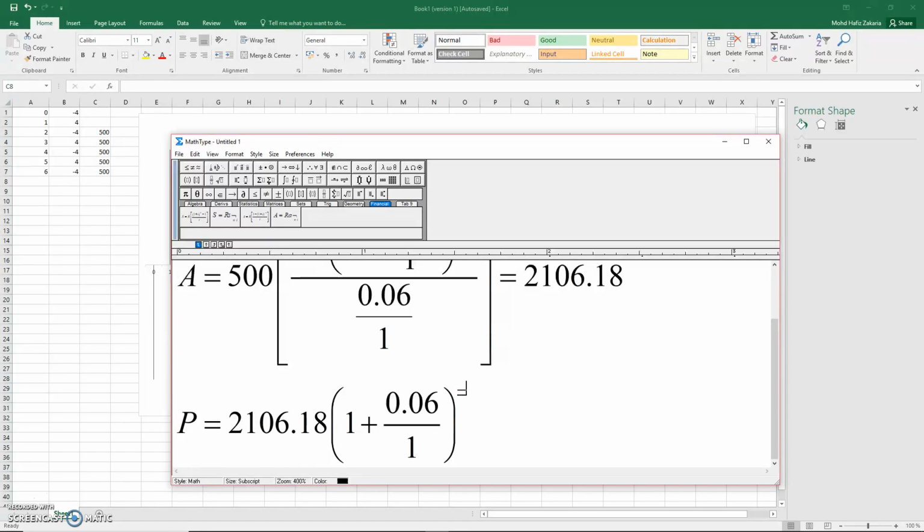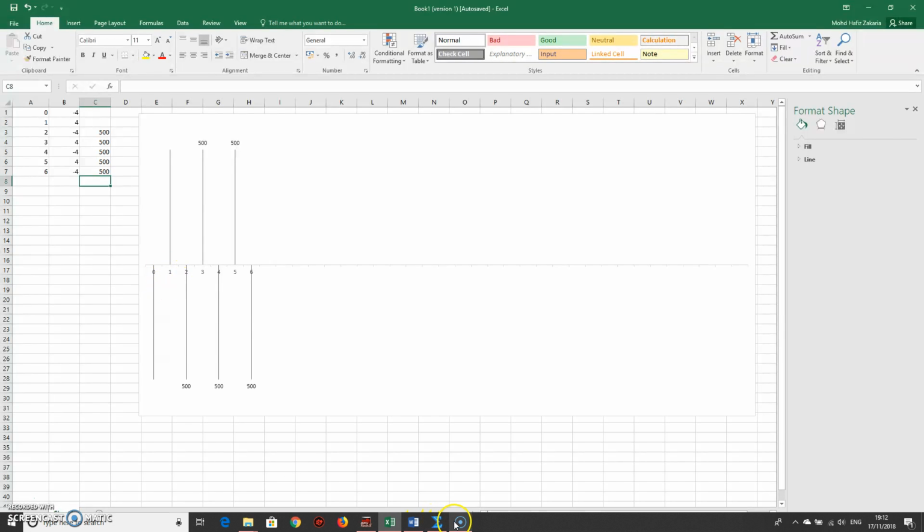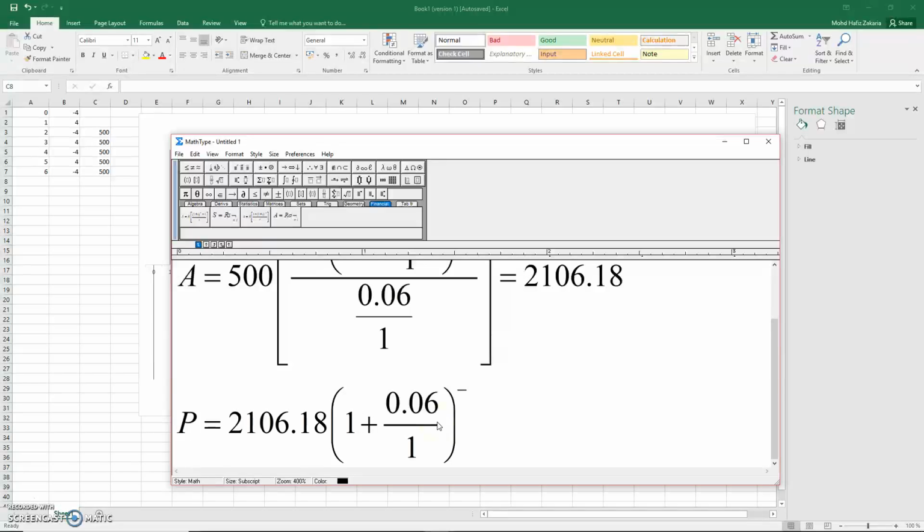So what is the value of n here? If we look back at the timeline, how long does the compound calculation involve? Only 1 year. So basically n here is 1. Now when you calculate it, you should get 1986.96. This is the actual present value for this case.